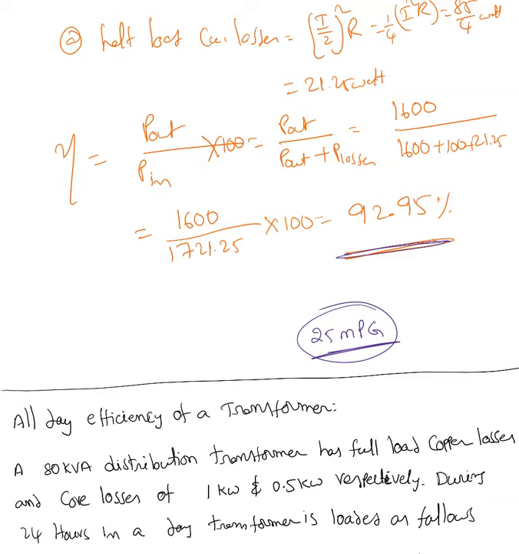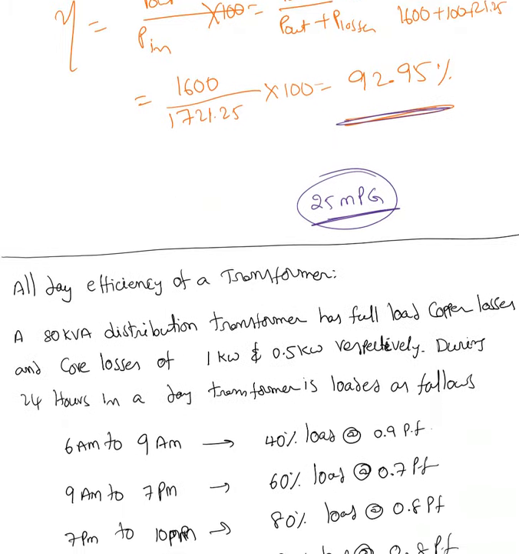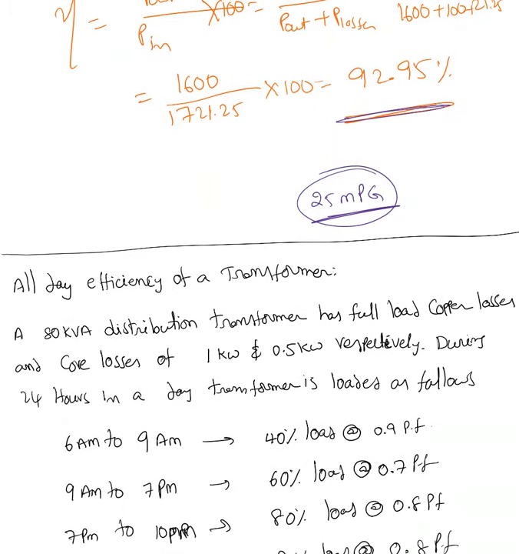So weekly I'm putting like 100 miles or 500 miles on this vehicle. Now you need to know how much it is giving and how many highway miles. For sure, on highway it changes, on the local roads it changes, the miles per gallon. Now same analogy, we want to find out what is the efficiency of the transformer.